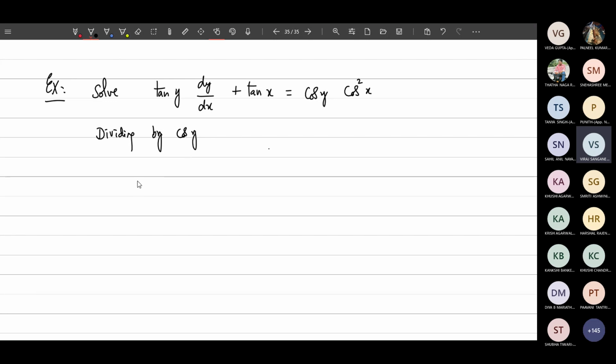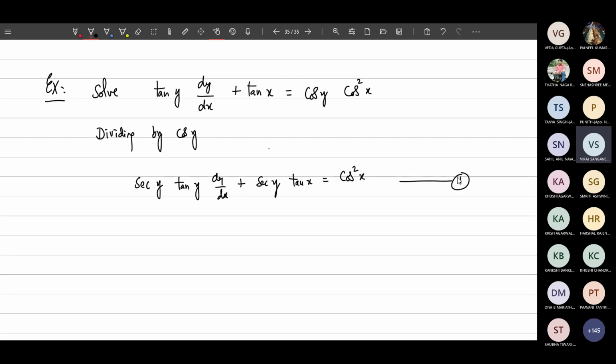Then on the left hand side you will get tan y by cos y, that is secant y tan y dy by dx, plus, since you are dividing by cos y, secant y tan x, equal to cos square x.